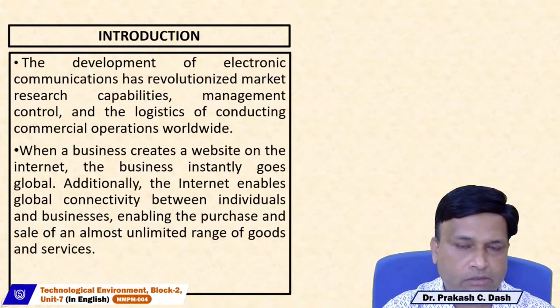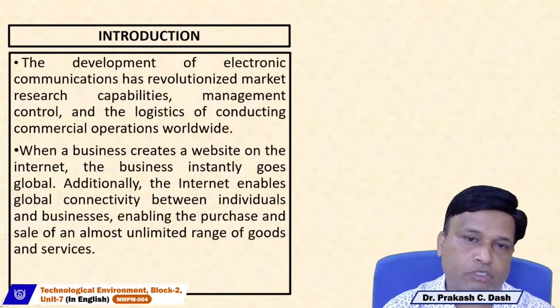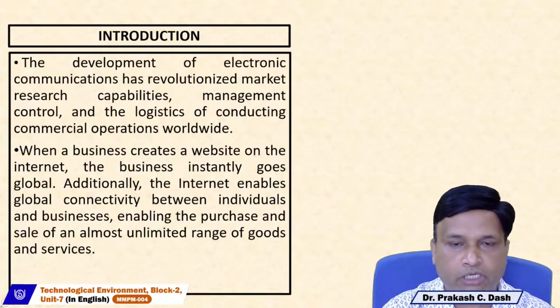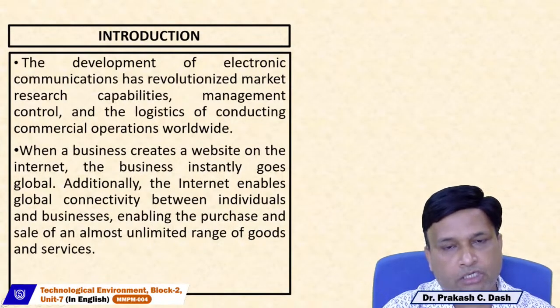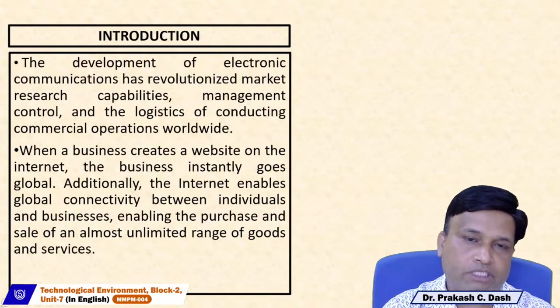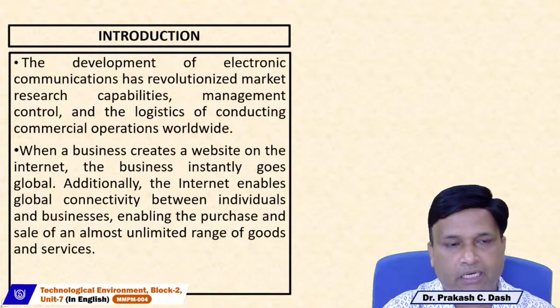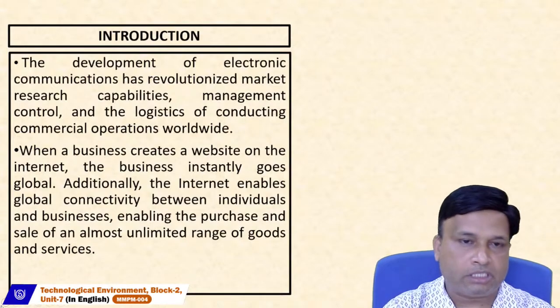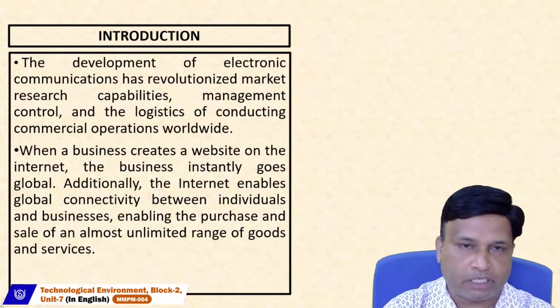So the landscape, or the paradigm, of doing business has shifted towards technology. If you are not considering technology as one of the aspects of your business, then your business won't remain relevant, and it will not continue in the long run. That is why you have to understand the details of the technological environment.